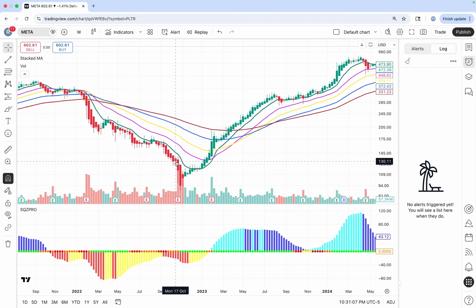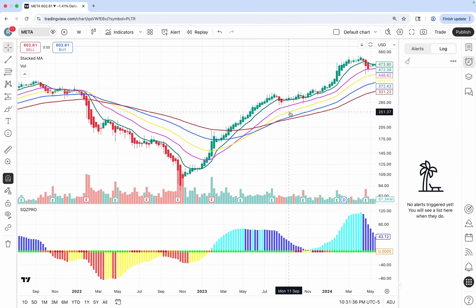And then after it kind of comes out of this bearish funk, we get a bullish reversal here, because we go from dark red to yellow, and then Meta starts to increase. Then we see the light blue cyan bars, and then it just begins an uptrend.